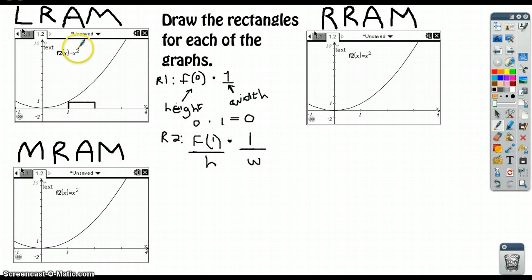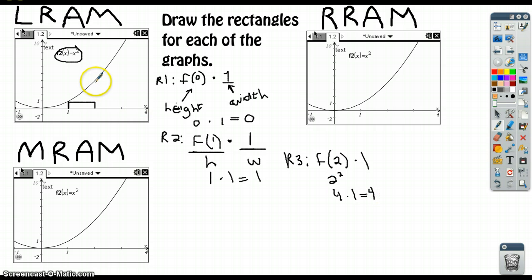So my function's x squared. I plug in 1. So 1 squared is 1. So my rectangle number 2 is 1. And rectangle number 3 is at 2 with a common width of 1. Well, f of 2, 2 squared, is 4. So 4 times 1 is 4. And remember, we split it up into 3 rectangles, right?